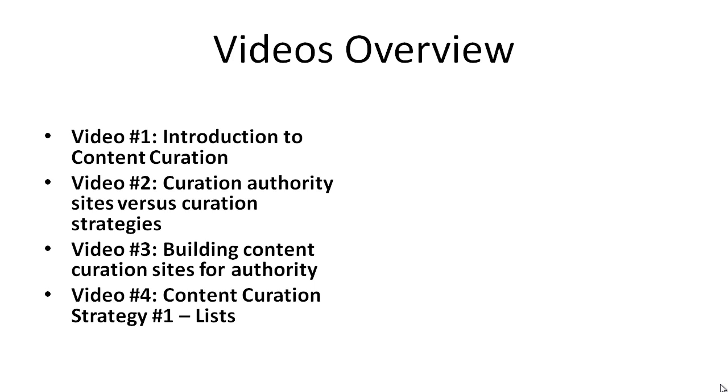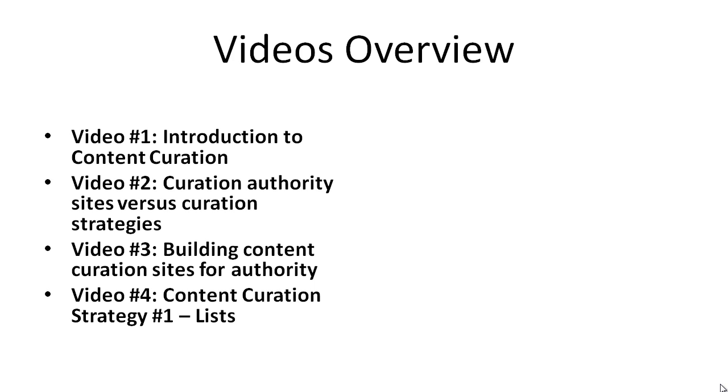So to do that, with content curation authority sites taking time, we will show you content curation strategy number 1, which will be about lists, such as finding lists of links, compilations of different sites that relate to whatever you're trying to promote.